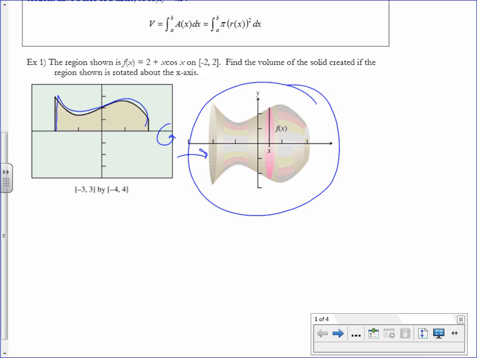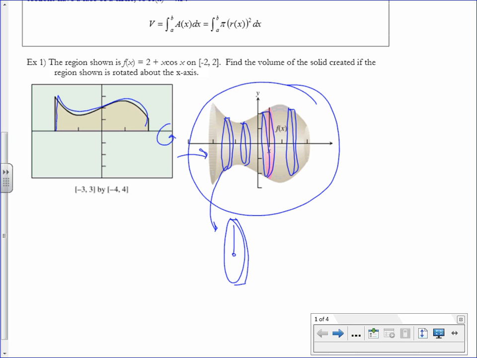If I look at the vase-shaped figure that's remaining, each of these individual cross sections, if I were to slice it perpendicular to the x-axis, is a whole bunch of tiny little cylinders that together make up the entire vase.